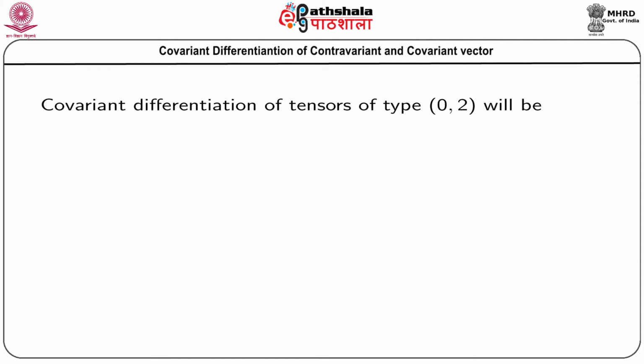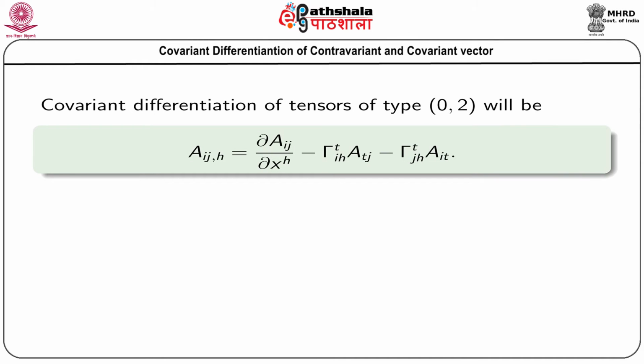So, now covariant differentiation of tensors of type 0 2 can be defined in the following way: a i j comma h, that means a i j is a covariant tensor of type 0 2, and we are doing the covariant differentiation with respect to x h, and you are getting del a i j by del x h minus gamma t i h a t j minus gamma t j h a i t.